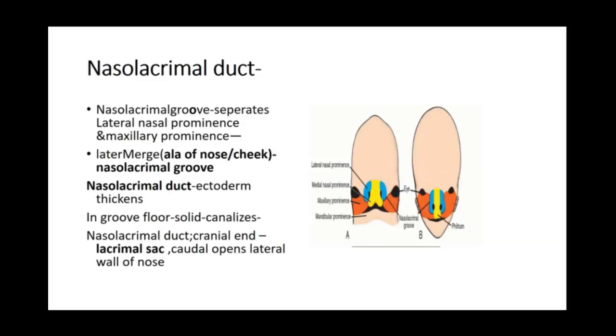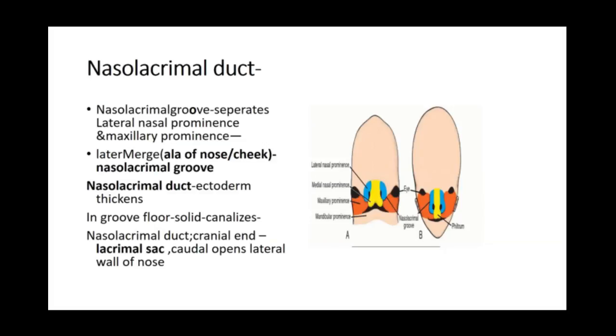This nasolacrimal groove then covers on the top, and then in the mesenchymal process you have a solid cord-like structure which is extending from the lateral wall of the nose to the eye. That is what is going to develop into the lacrimal sac. This then closes, separating this mesenchymal rod-like structure which is deeper down in this area, and the surface ectoderm covers the upper portion.